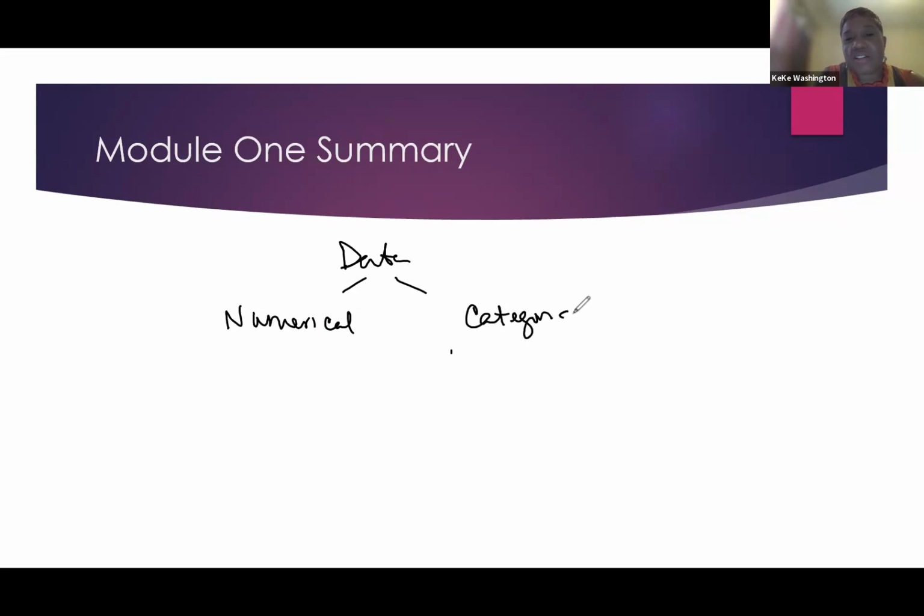With the categorical data, we were able to organize it using a two-way table. The two-way table allowed you to take a look at two categorical variables and how they relate to each other.